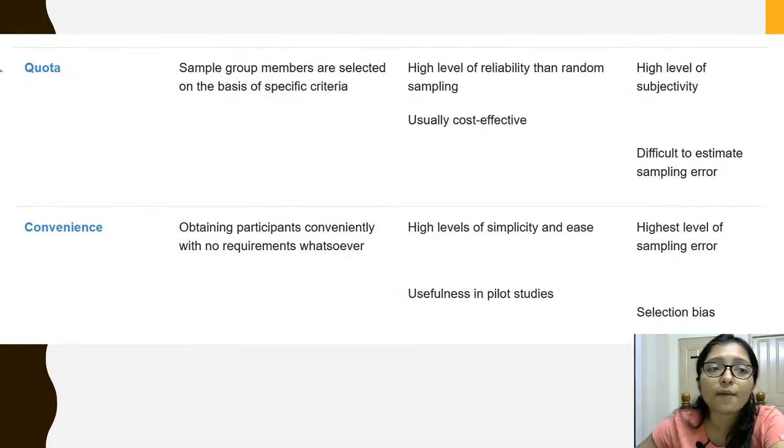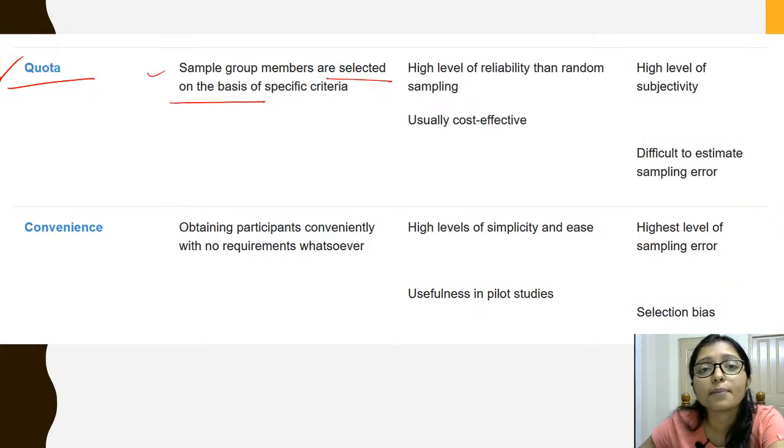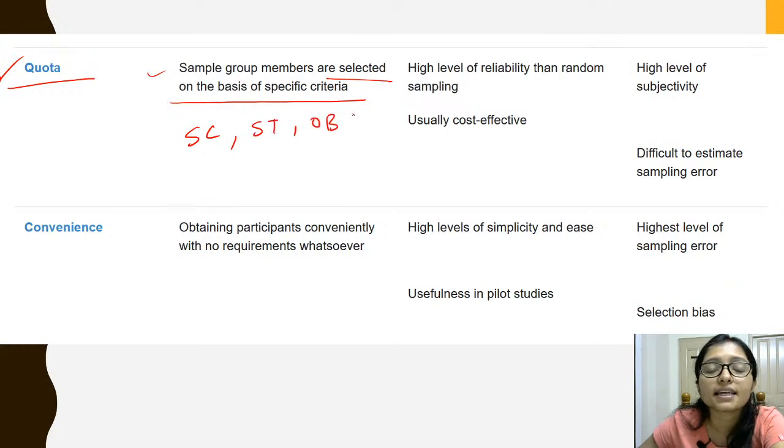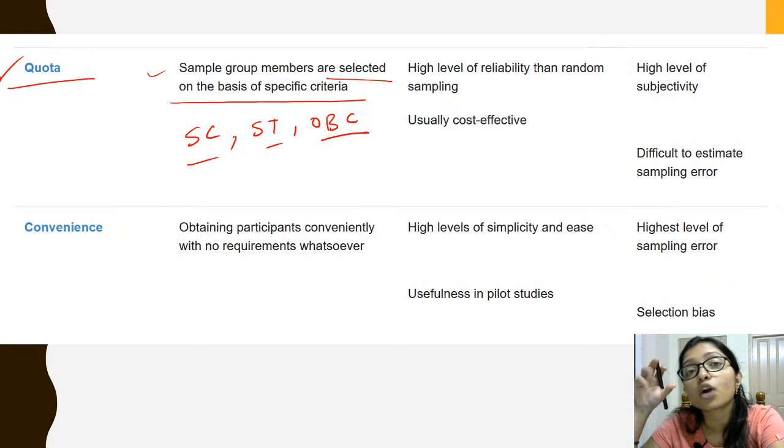Now quota. What is quota sampling? Quota means sample group members are selected on the basis of specific criteria. So what is the criteria? That is in the exam. In the exam we are choosing SC, ST, OBC, as per the criteria we are giving the quota.